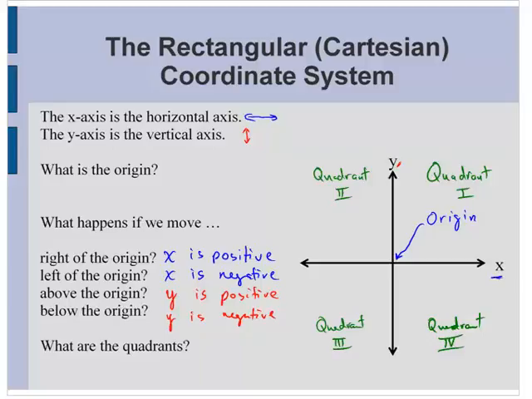Alright, so we give Roman numerals for the quadrants. Alright, so that's just some basic terminology and sort of the situational understanding of the system.